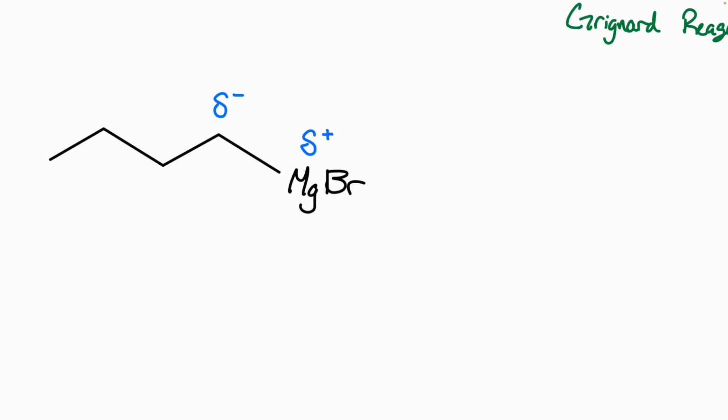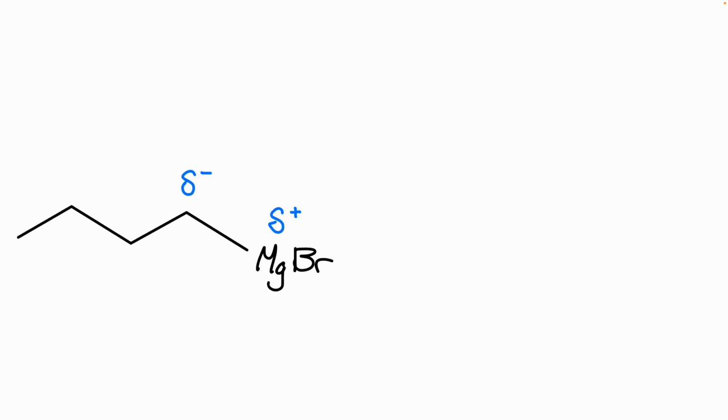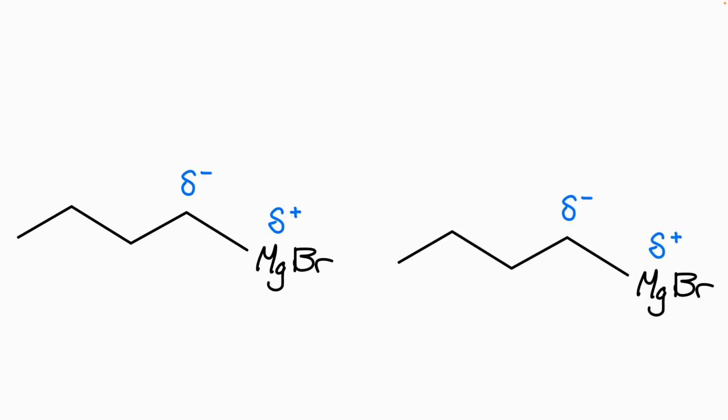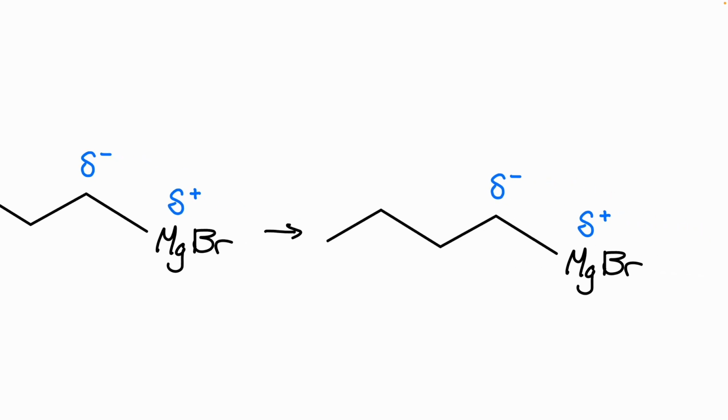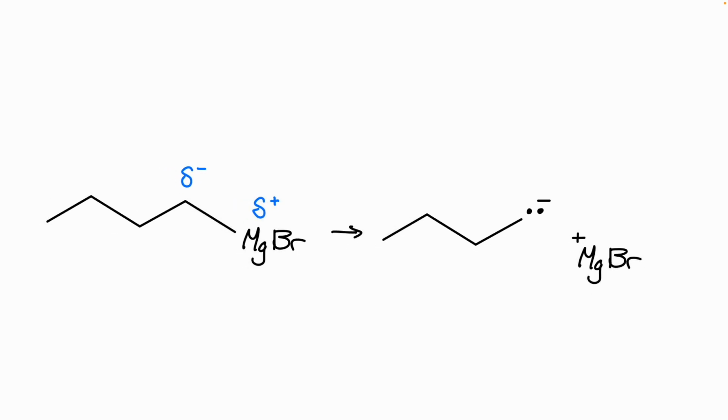All right, some textbooks will even go as far as to tell you to think of it as an ionic bond between these two, between a carbanion and this positively charged magnesium. The bottom line is whichever mental picture you have, this carbon atom right here has a huge amount of electron density.